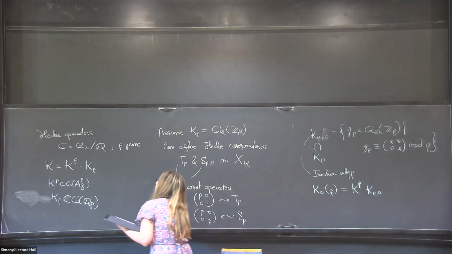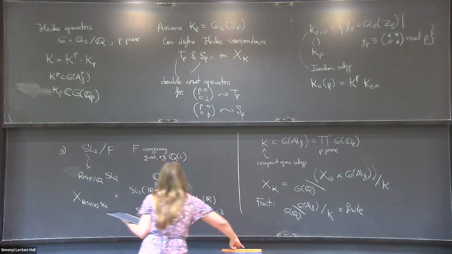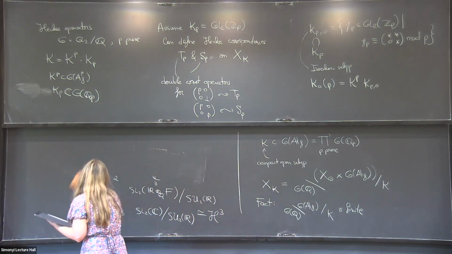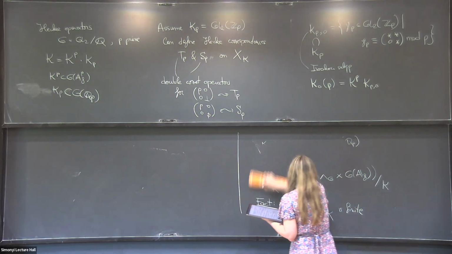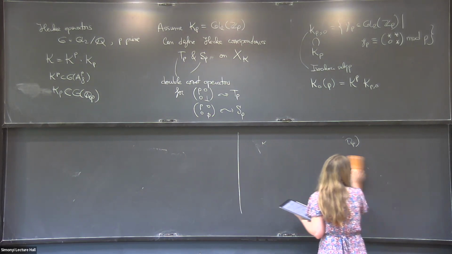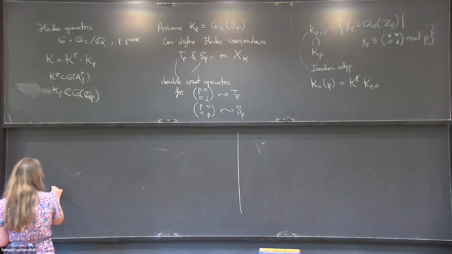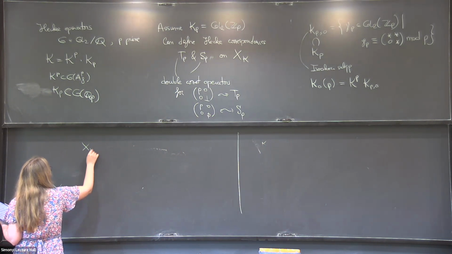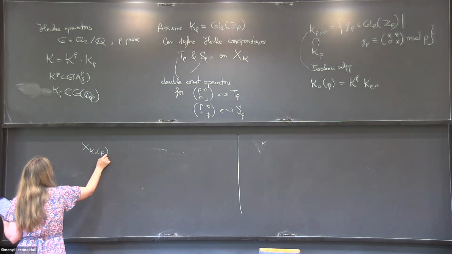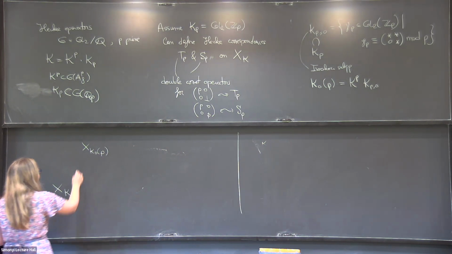And so now we can write down a Hecke correspondence. So I have my original space over here, and I have this bigger space. So I've just taken a quotient by something smaller, so the space is bigger.